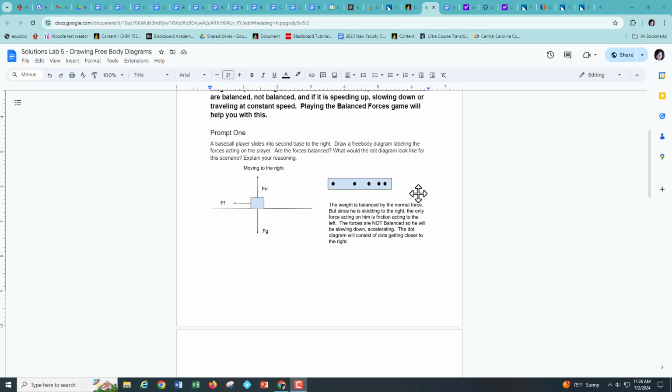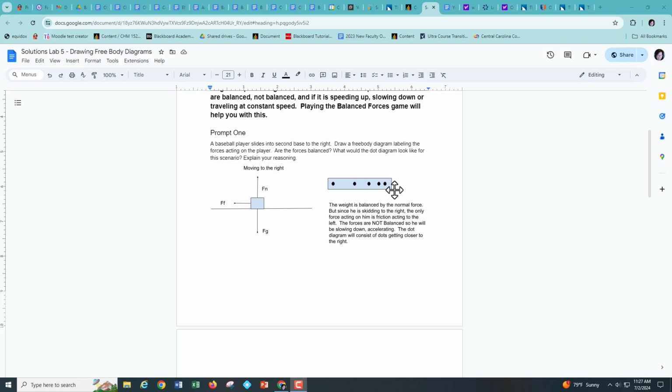And the direction of acceleration is always going to be in the direction of that net force. So if the net force is to the left, then the acceleration, the speeding up, would be to the left. The problem is that this object is trying to move right. So if you look at its motion, instead of speeding up, because it's moving to the right, it will be slowing down.